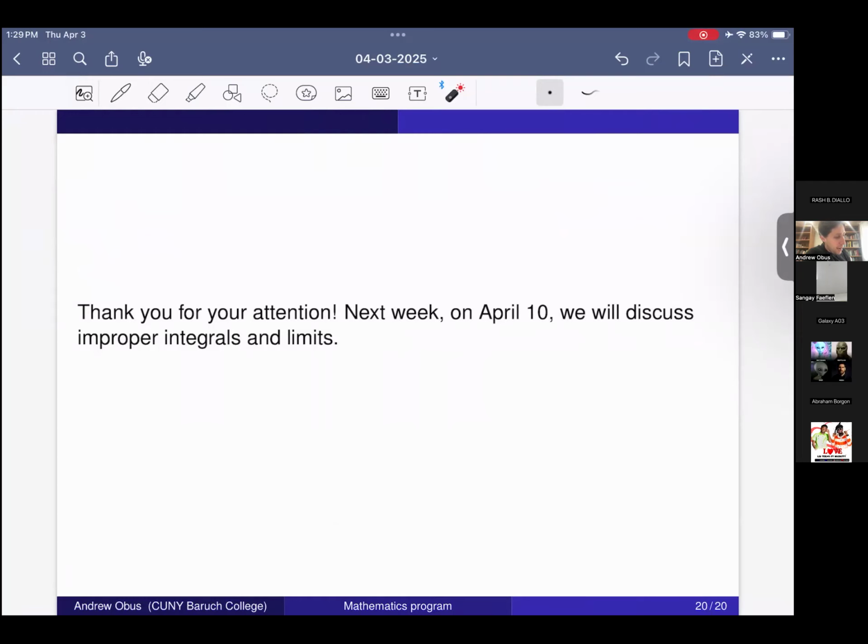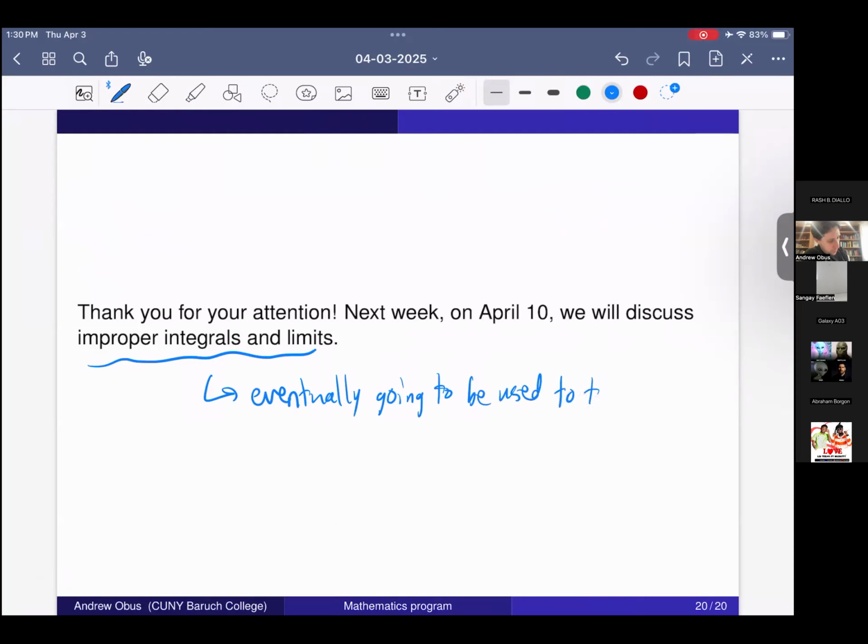And next week on April 10th, we're going to discuss improper integrals and limits. And these, let me just tell you what these are supposed to be. These improper integrals and limits are eventually going to be used to talk about probability.